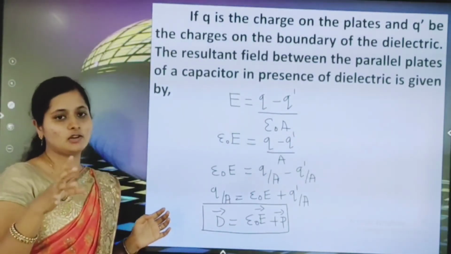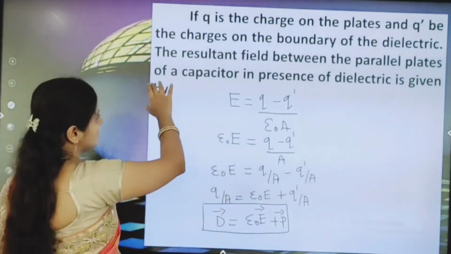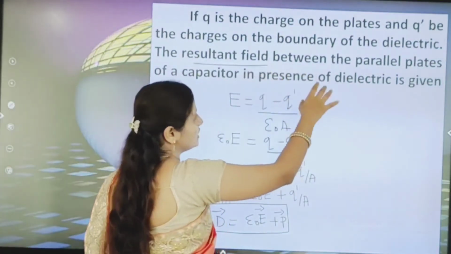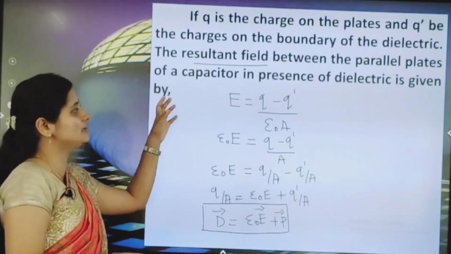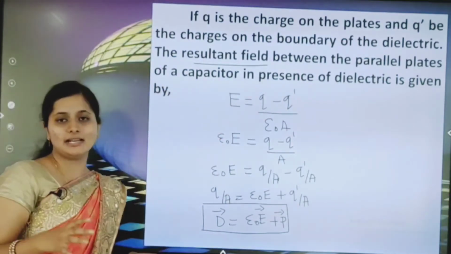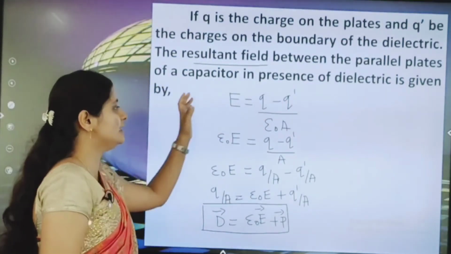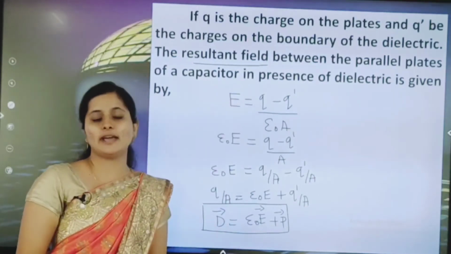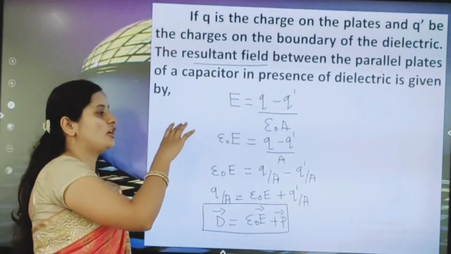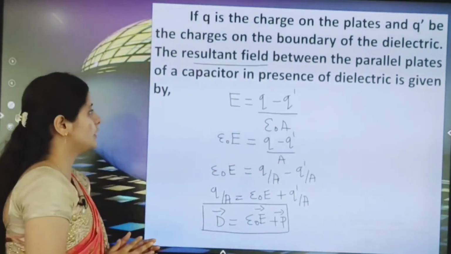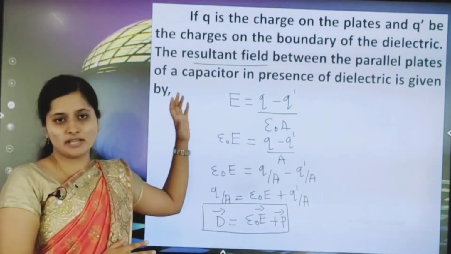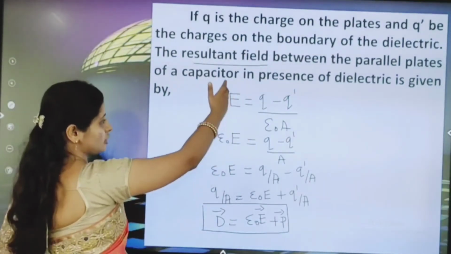Okay. So see here. Next, what happened? What is the result or what is the conclusion? Means the resultant field between the parallel plate of a capacitor in presence of a dielectric is given by E is equal to Q minus Q dash divided by epsilon naught into A. Again we are making the simplification, taking the epsilon naught in this side.